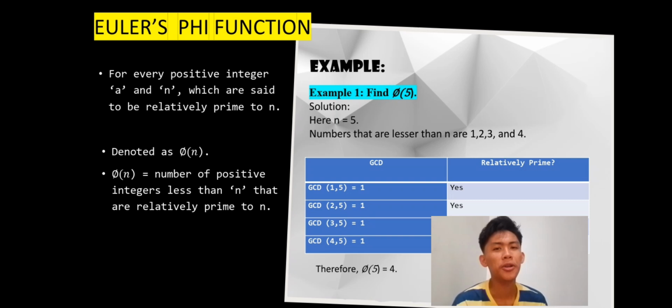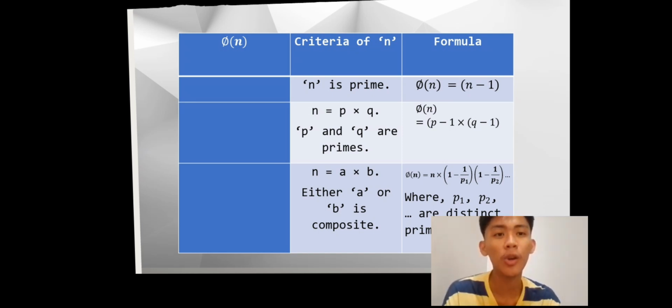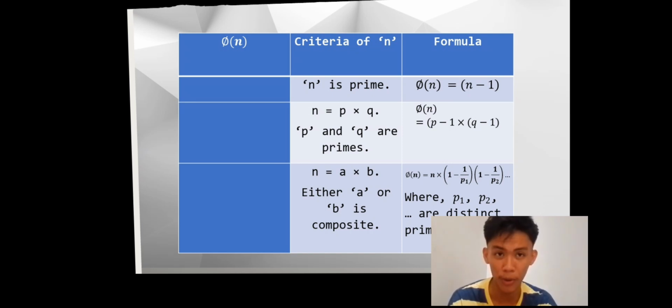And in Euler's Phi function, there are 3 cases. The first case is when n is prime, so we can use the formula phi of n is equal to the quantity of n minus 1. And case 2 is if n is equal to p times q, where p and q are prime.